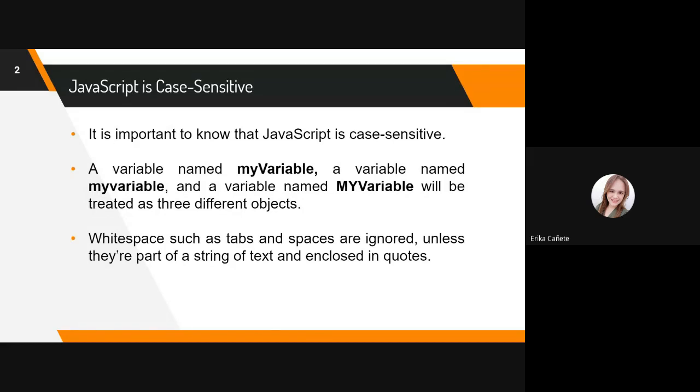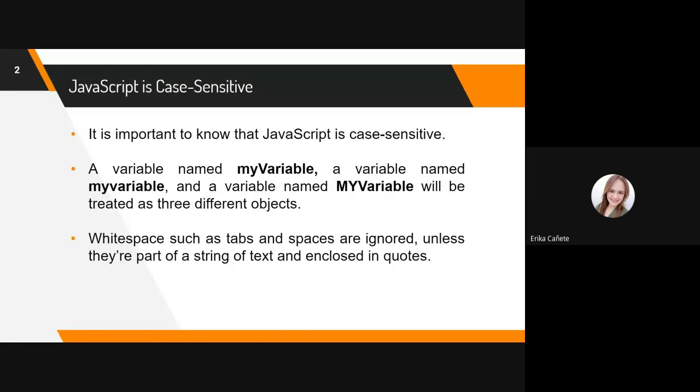From the first variable that we have, we use lowercase letters for the other characters and uppercase for V. In the next one, we use all lowercase. In the other, we use uppercase for MYV and lowercase for the rest of the characters. So those are three different objects.